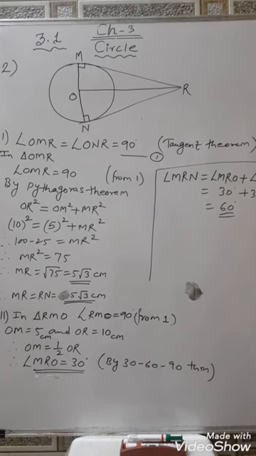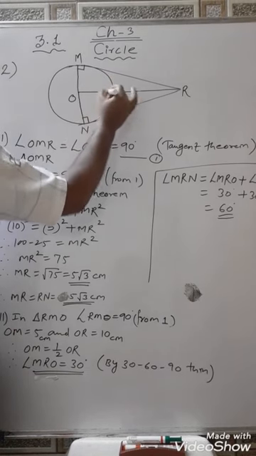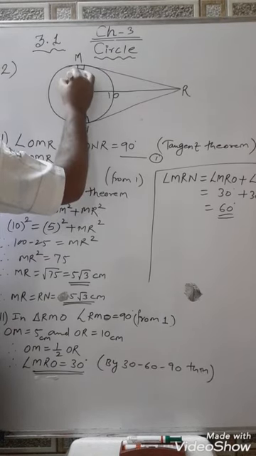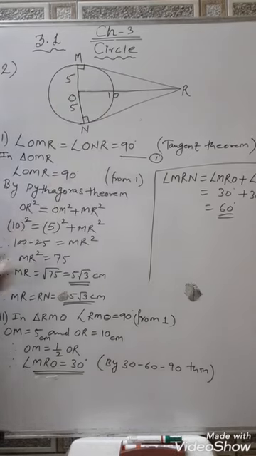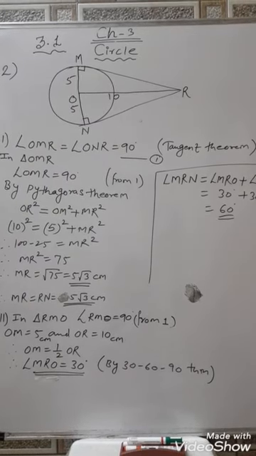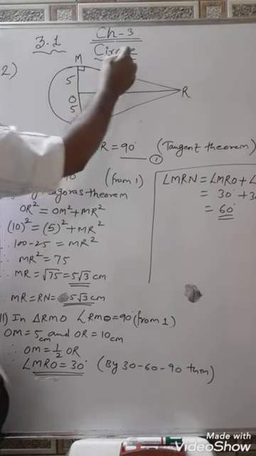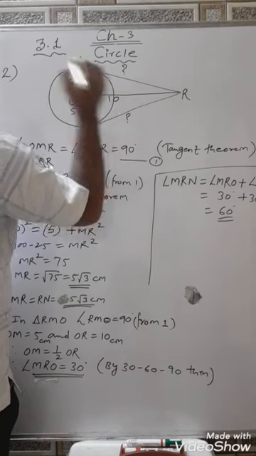If OR is 10 centimeters, this one is given as 10 centimeters, and the radius is given as 5. What is the length of each tangent segment? First you have to find the length of each tangent segment.